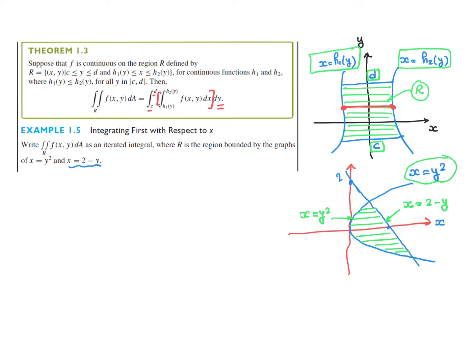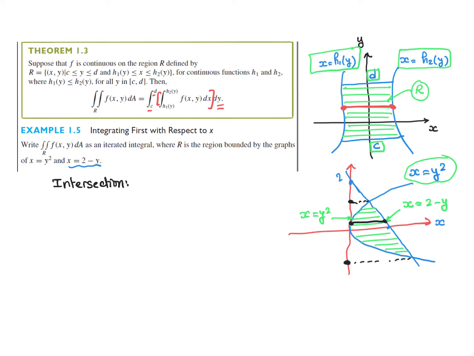So what we'll do here is we will integrate in this direction with respect to x first, and then we will integrate with respect to y from this value to this value. And we need to find now those values of y. So we need to find the intersection of the two curves.